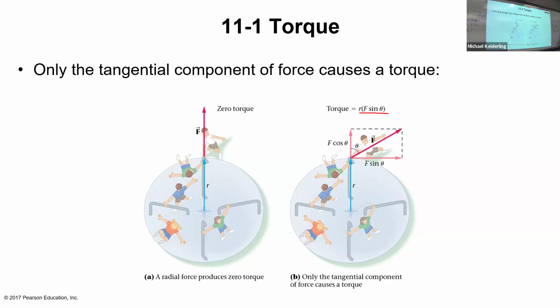This is expressed in the cross product. I just can never remember if it's radius cross force or force cross radius. Like how work is a dot product, torque is a cross product of vectors.